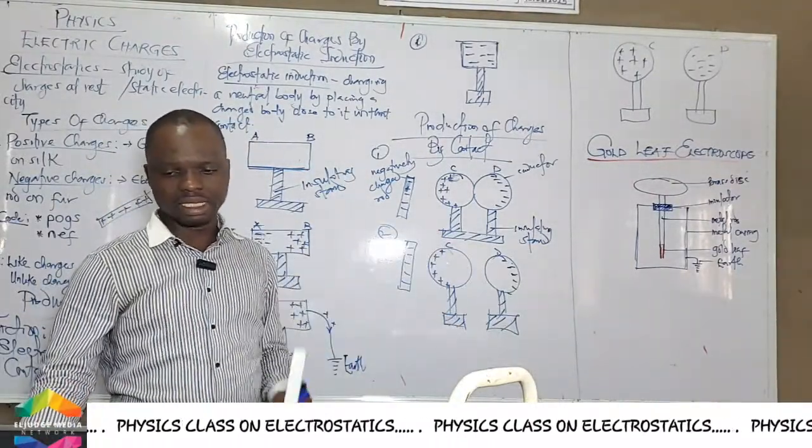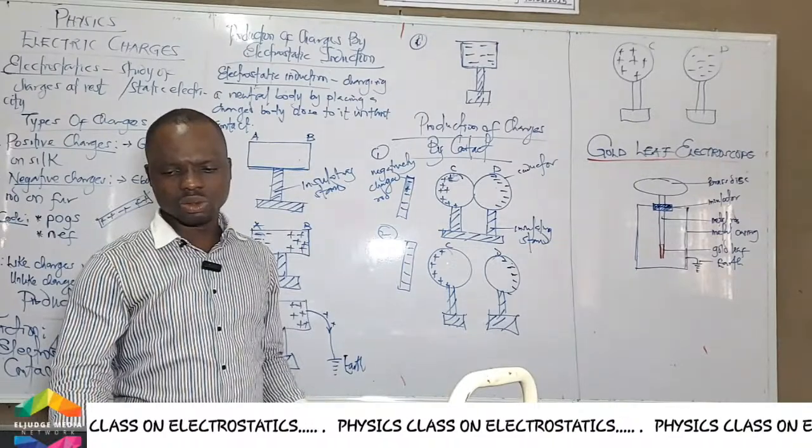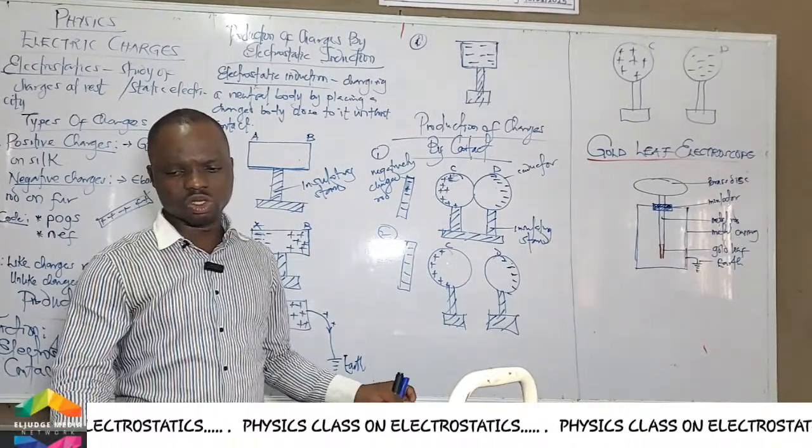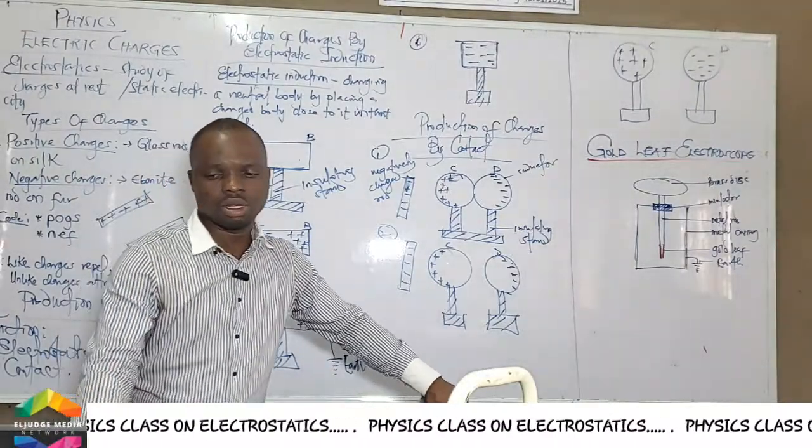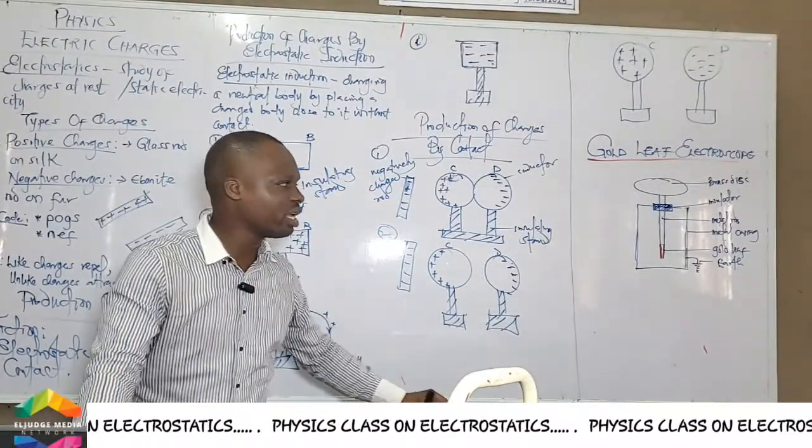I've already explained that. So what are the uses? Some of the uses of the gold leaf electroscope: Number 1, it is used to detect the presence of charge on a body.